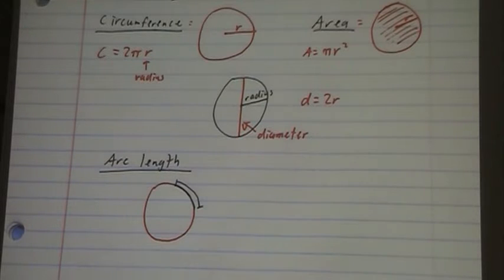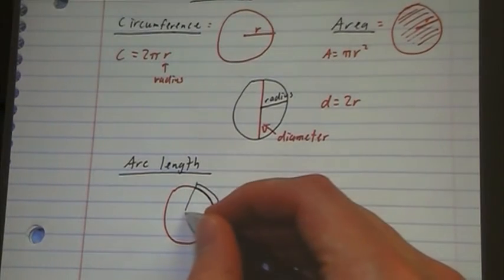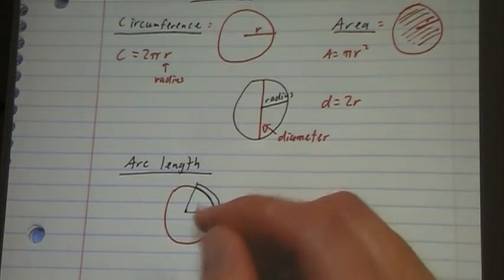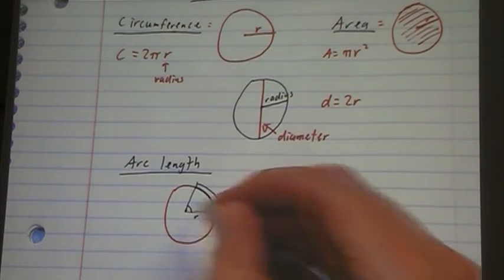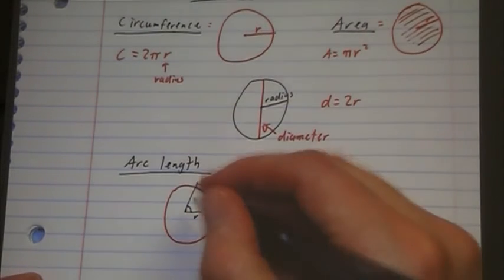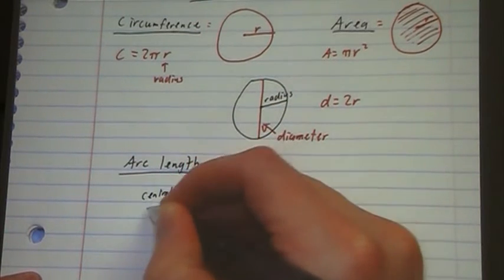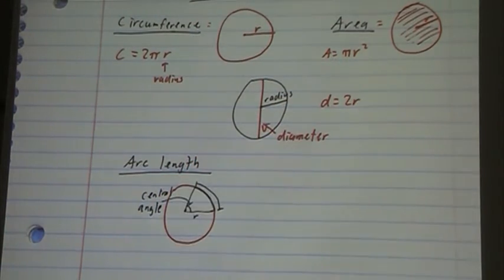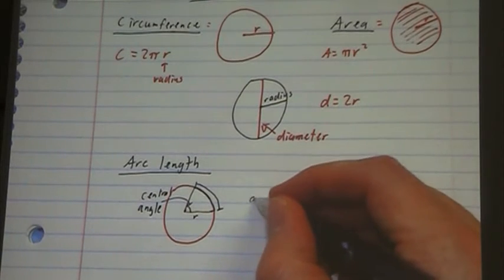Now, how to find part of it? You're going to use a few key pieces here. You're going to use the radius, as usual. But you're also going to use this angle in the middle, which is called our central angle. So if I wanted a formula, and I do, for arc length, we'll just call this arc length.